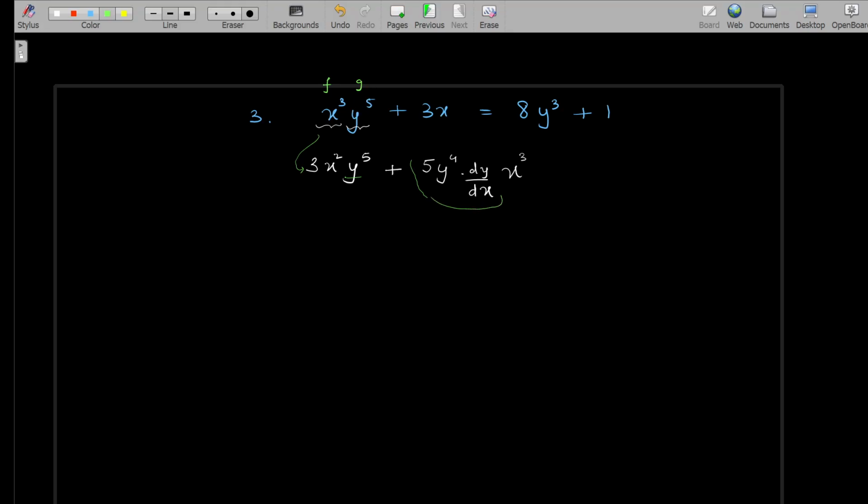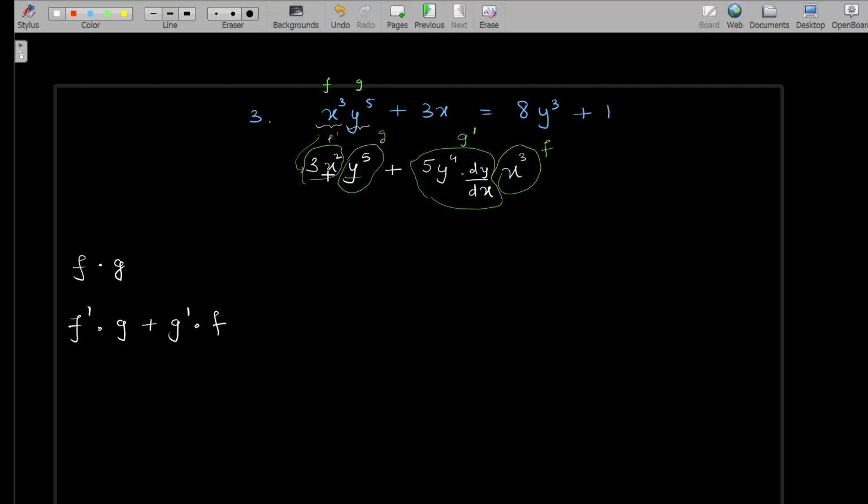This is your g prime times f, and this is your f prime times g. What is the derivative of f times g? It is f prime times g plus g prime times f, right? Yes. So that's what we have done.